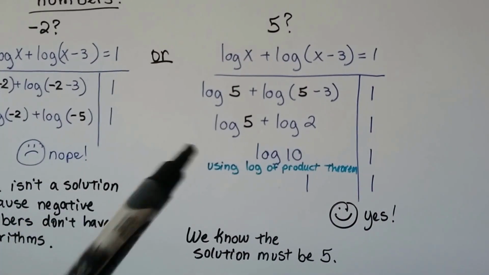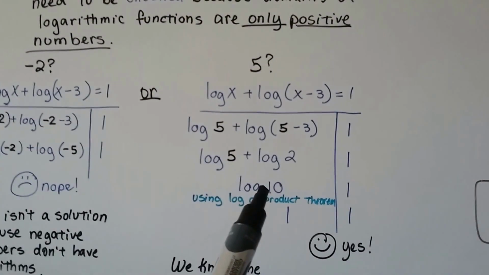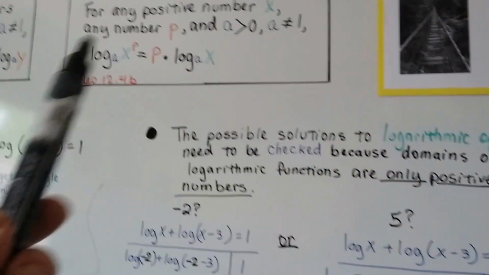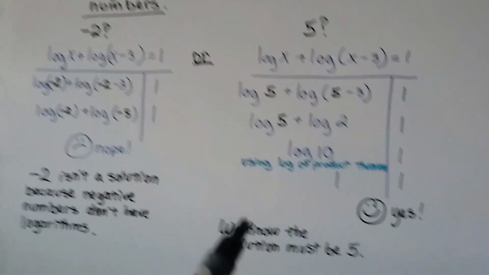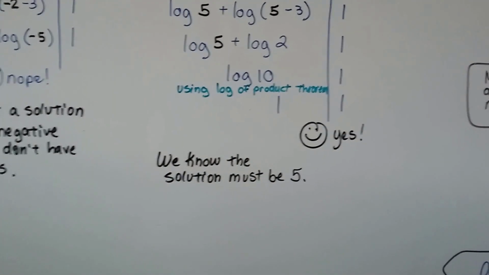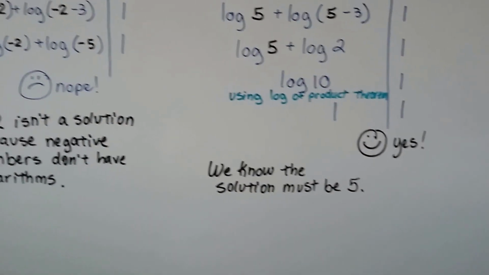We put the 5 in, and remember, when they're addends, we multiply. So we have log 10, because of our theorem. We do the 5 times the 2, we get a 10, and yes, it worked. So we know the solution must be 5.